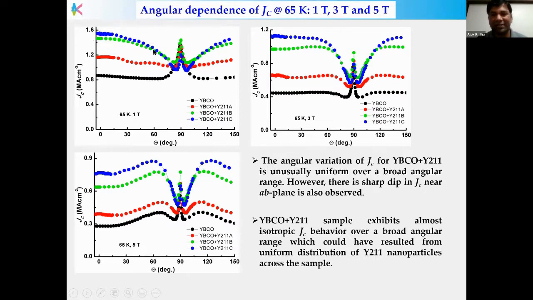And we try to understand how this is possible. This is a huge enhancement, and also it is nearly constant, barring a small region near the AB plane. So we try to understand why there is a dip near the AB plane.